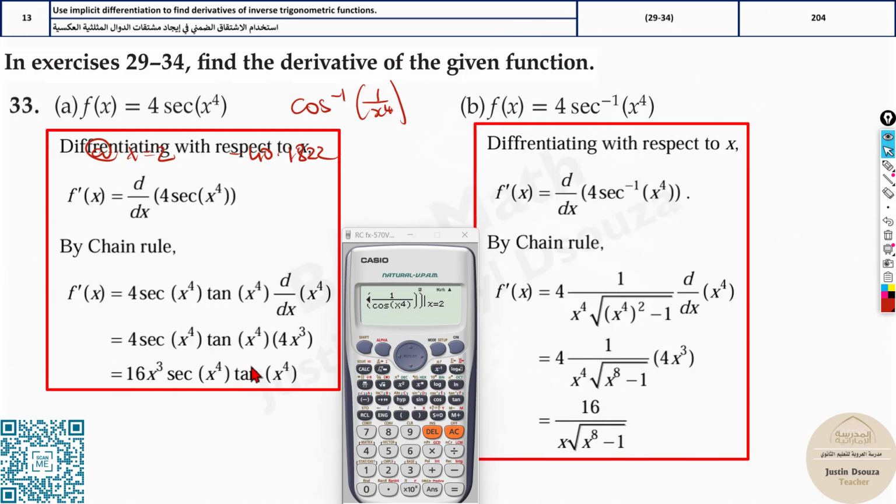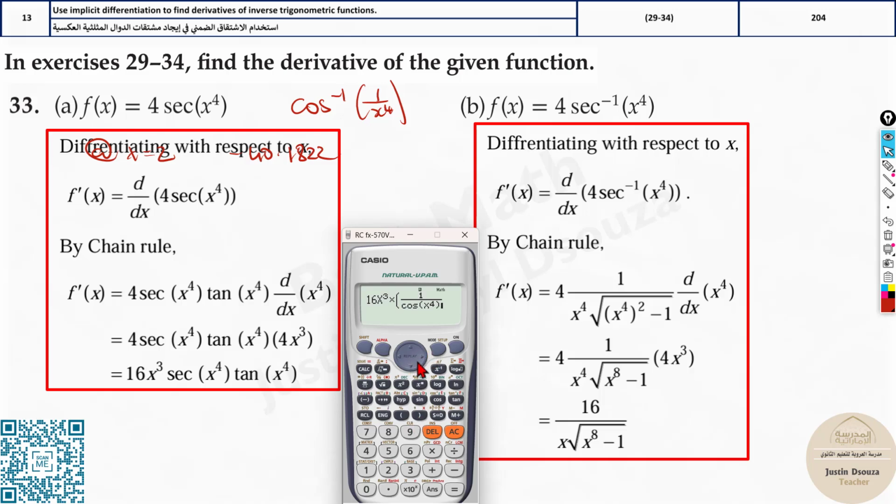Now then, I need to look into the answers. I need to have the options available. Otherwise, you cannot solve this. So what I'll be doing over here is clearing that off. Type this, 16. Now it's all in the numerator. So I'll just write 16 x cubed. Then what do we have? Secant, that is multiplied with 1 by cosine x to the power 4.